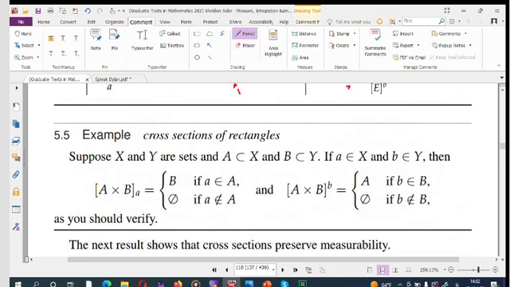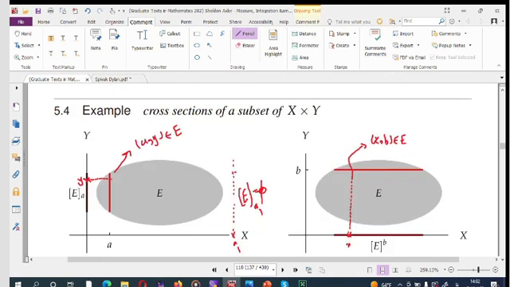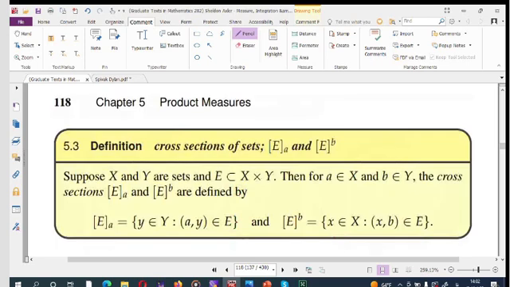And we have this simple and useful example: for each subset A of X and each subset B of Y, and any point in X and Y, the section of this rectangle. Please note that in general E is not a rectangle, it is an arbitrary subset of this product.